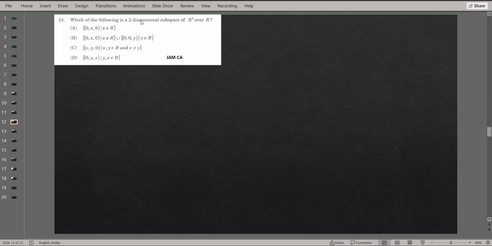Which of the following is a two-dimensional subspace of R cube over R? Option A: (0, x, 0), x belongs to R. Here the number of unknowns is 1, so the dimension is 1. So A cannot be true.